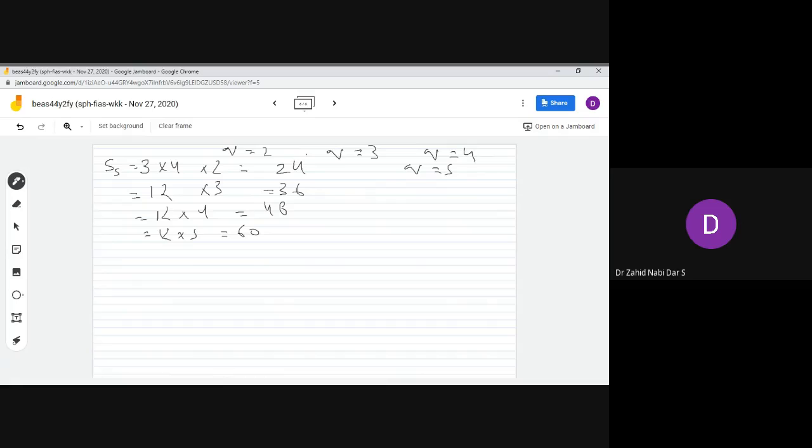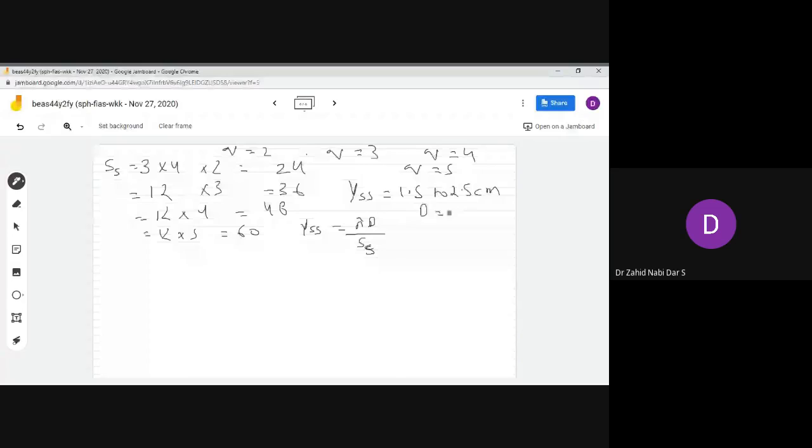Now after doing all this, we have to see the value of stator slot pitch. The range of this YSS has to be between 1.5 to 2.5 centimeter. YSS, I told you, is equal to pi into D divided by SS, and this is in centimeter. The D value which you earlier got was 0.3964, and that was in meter.